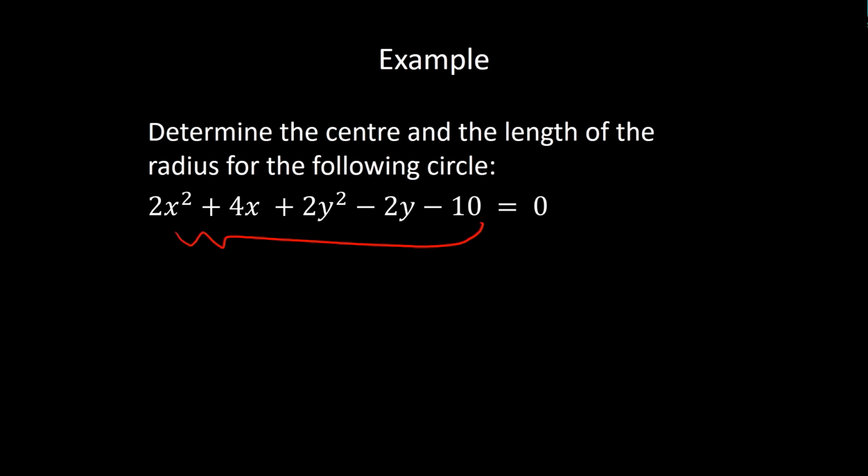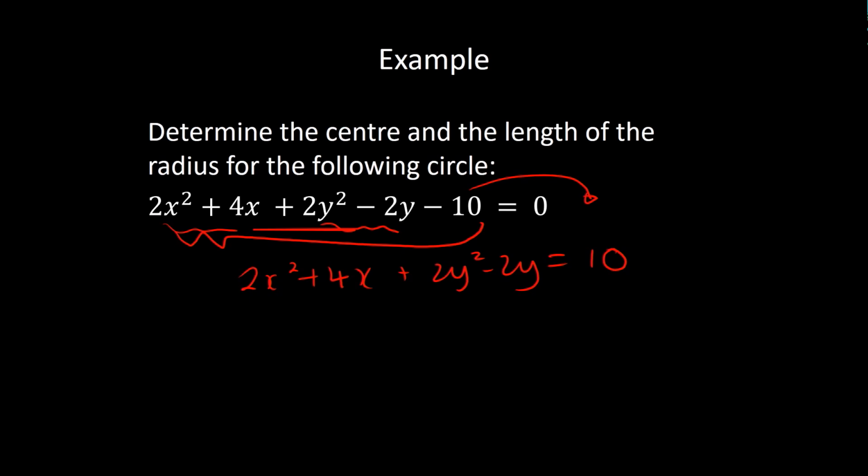So the first thing you want to do, guys, is make sure that your x's are grouped together, your y's are grouped together, and your constant is on the right-hand side. So we'll put 2x squared plus 4x together, plus 2y squared minus 2y, and take the 10 over to the right-hand side.